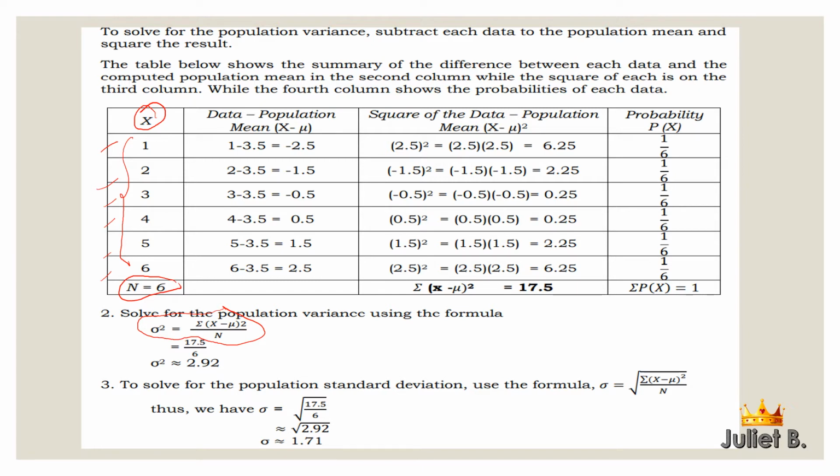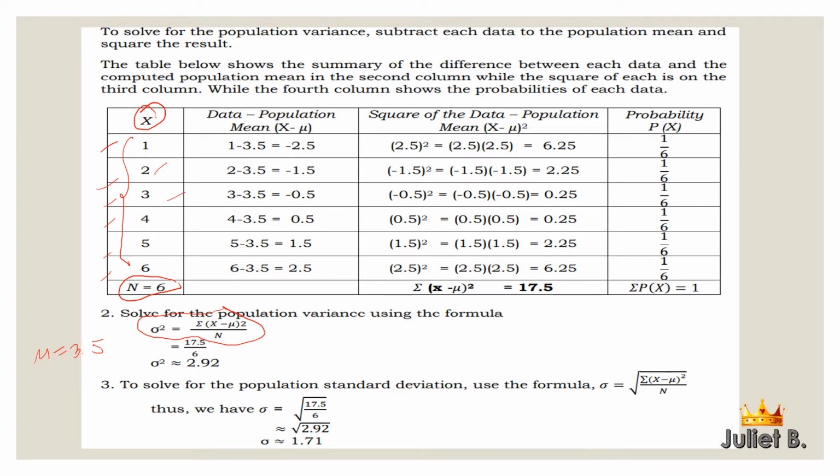Next column means x minus the population mean. A while ago in number 1, we solved for the population mean, and the population mean is equal to 3.5. Now, the second column says x minus mean, therefore 1 minus 3.5, which is the population mean, the result is negative 2.5. 2 minus 3.5 is equal to negative 1.5.